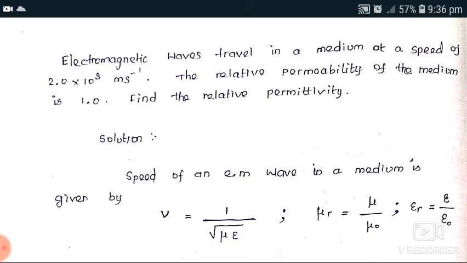We know three terms: mu, mu naught, and mu r. Mu r means relative permeability, mu is the permeability in the medium, and mu naught is the permeability in free space. Since we are using a medium, v is equal to 1 divided by root of mu into epsilon.